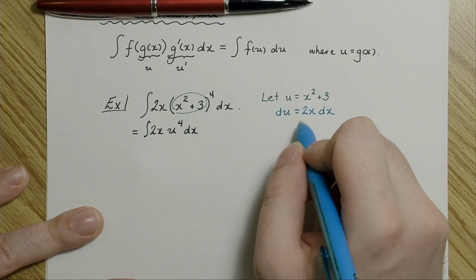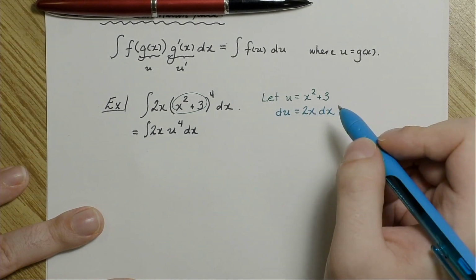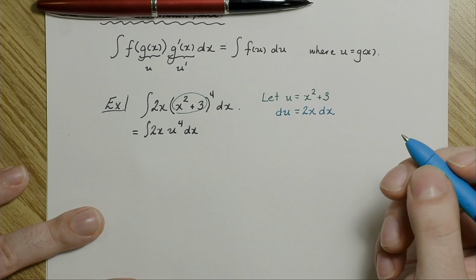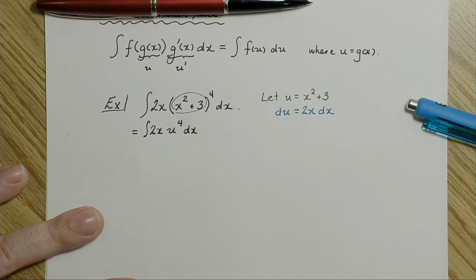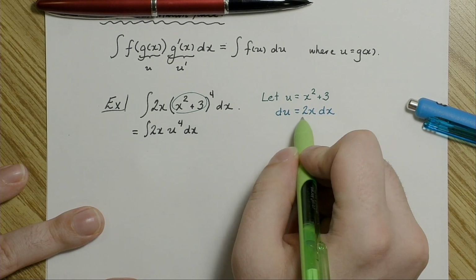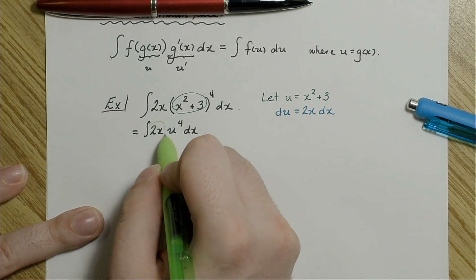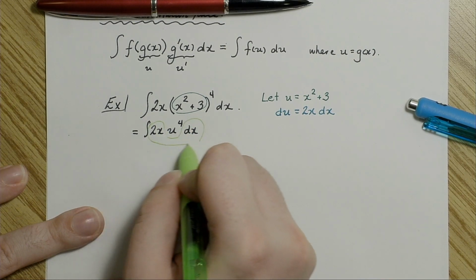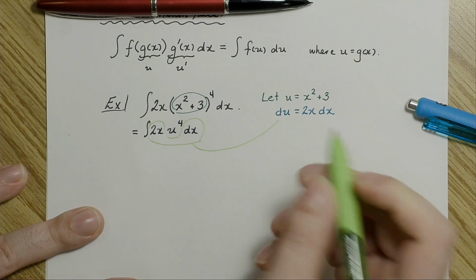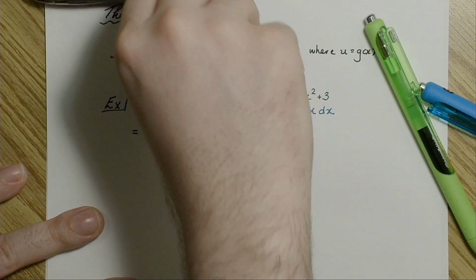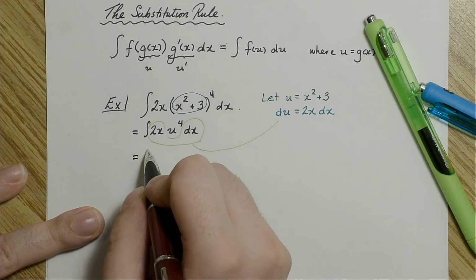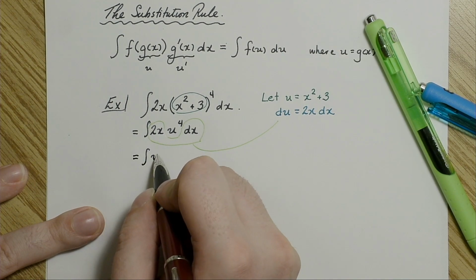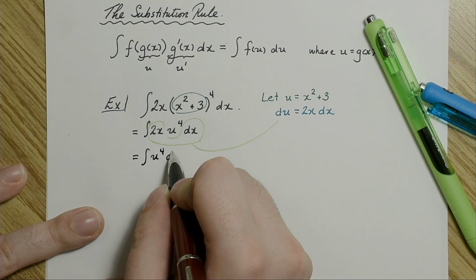And again, if I integrated both sides, I get back to the original u. And that is what I have right here. This du right here, I have this 2x. It's right here. So that's what I can do. I can replace that 2x dx with the du. So I'm left with u to the 4th du.